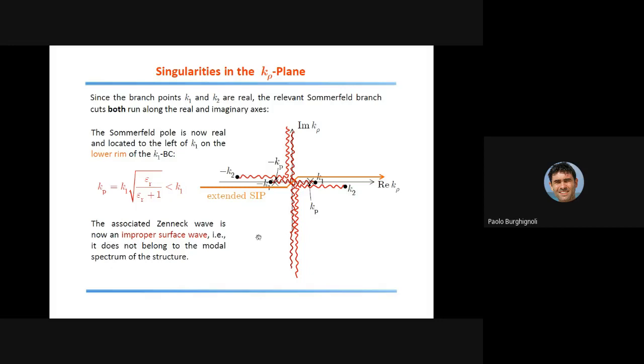This pole, however, is on the lower rim of the branch cut that you can see here in dark red, associated with k1. So it does not contribute to the representation of the field. It's an improper surface wave because it's located in the Riemann sheet number 2. And so we don't need to care about the contribution of this pole singularity.